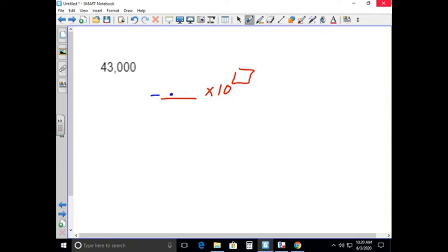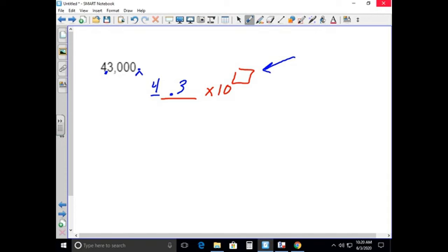So if we convert this number into scientific notation, our decimal starts here, and it needs to move between the 4 and the 3. So we're going to have a 4.3, and then everything else is zeros. 43,000, that's a fairly large number. So for large numbers, our exponent here is positive.